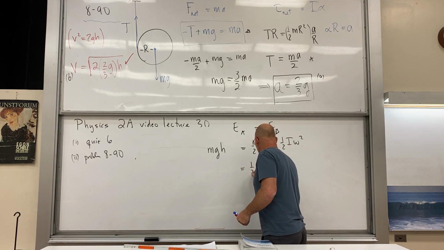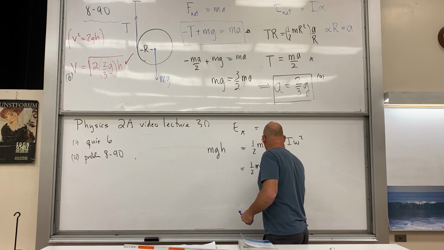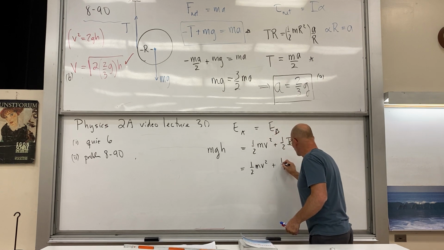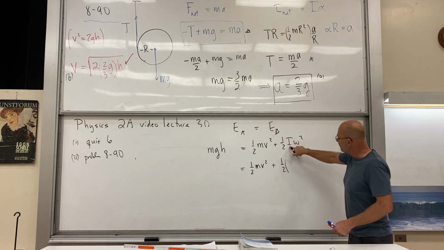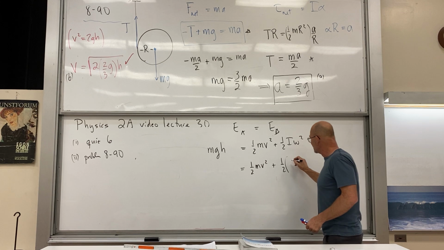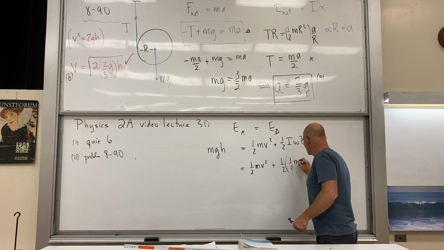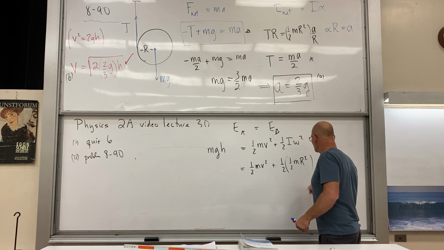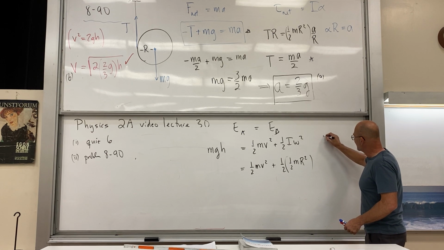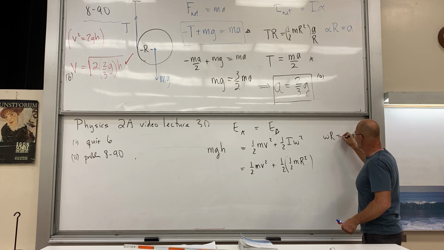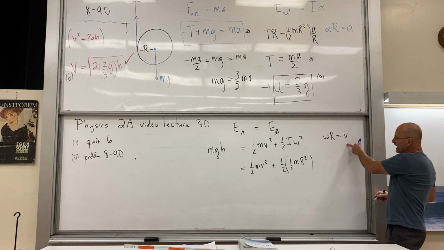So we have a half mv squared plus 1/2, and then now the moment of inertia of the disk, 1/2 m r squared, and then again the omega r equals v relation.